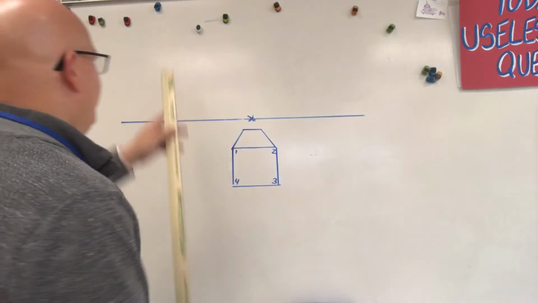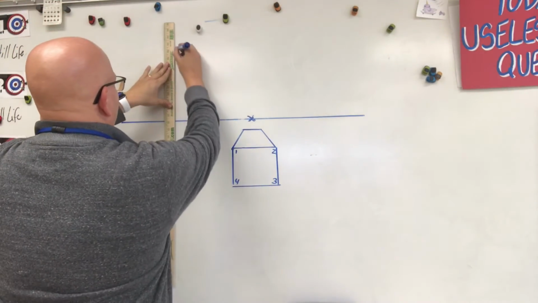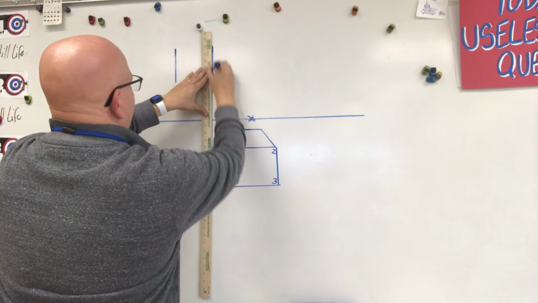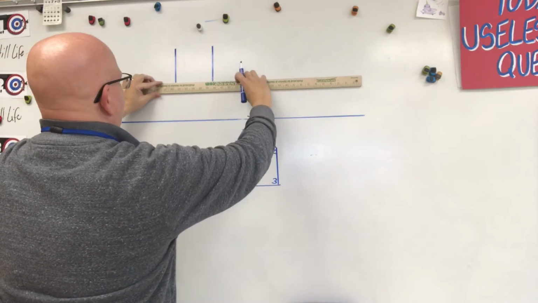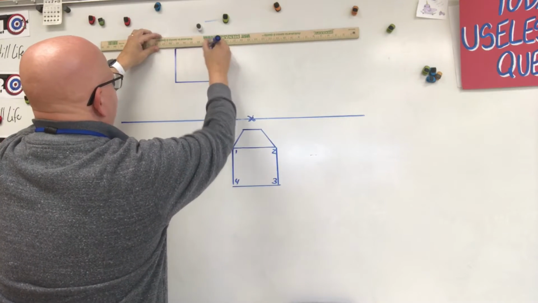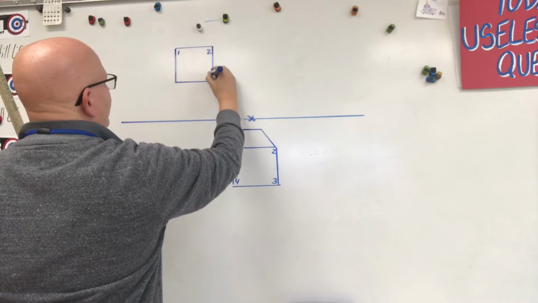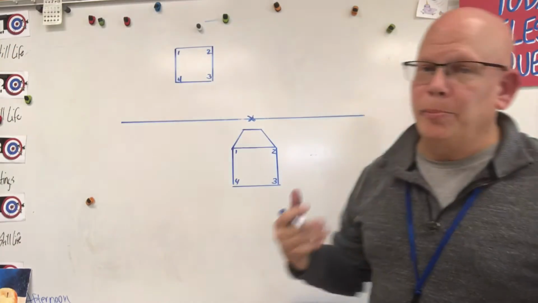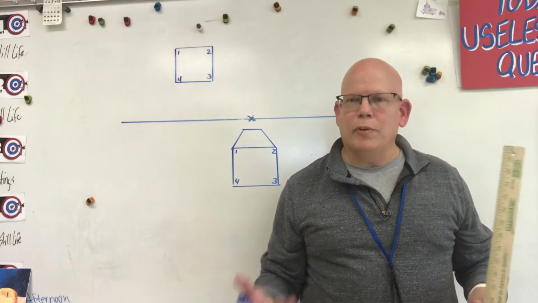Okay, so let's draw another box. Start with a simple rectangle, like so. And we're going to do the same thing. We're going to number these things: 1, 2, 3, 4. Those 4 corners need to go back to the vanishing point, but only a couple of them are going to be seen.